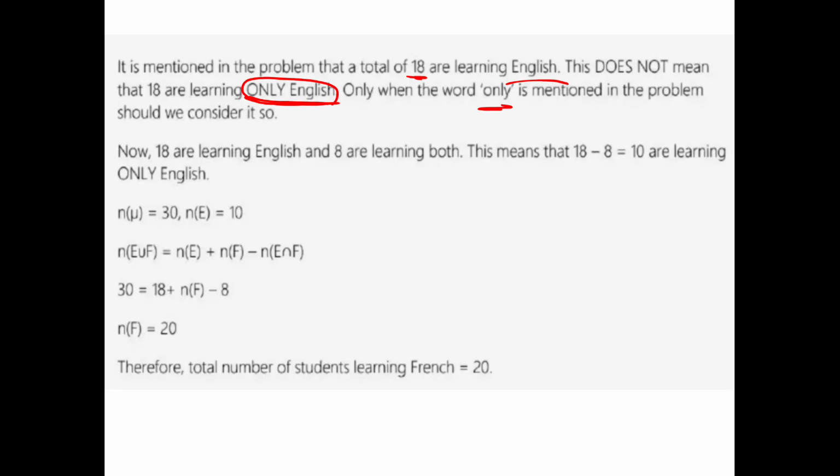So now, 18 are learning English, and 8 are learning both. It means that 18 minus 8 is equal to 10.